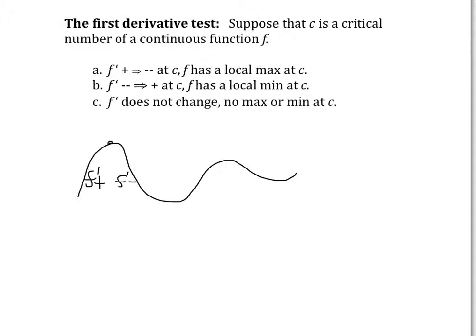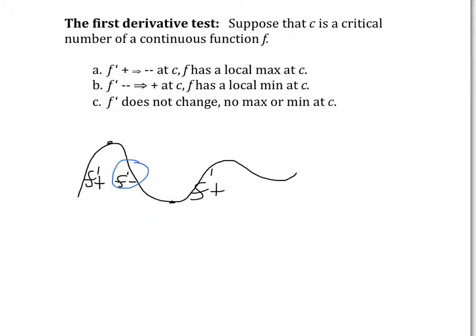So when I switch from positive to negative, I have a local maximum. And likewise, I'm now negative right here, and then I have my local minimum, and I switch from negative to positive, because I switch from a decreasing graph to an increasing graph. So when I switch from negative to positive, it has a local minimum.